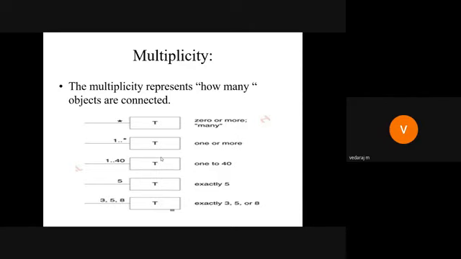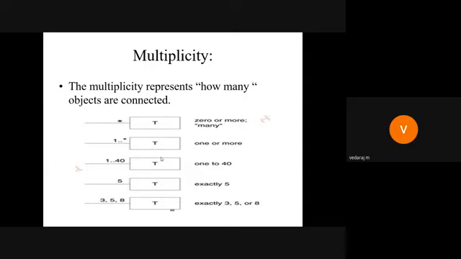The 5 represents exactly 5 objects connected, for example exactly 5 students connected with a single course. 1..asterisk represents 1 to many. Asterisk symbol represents many. So multiplicity represents how many objects are currently connected. This is called multiplicity.